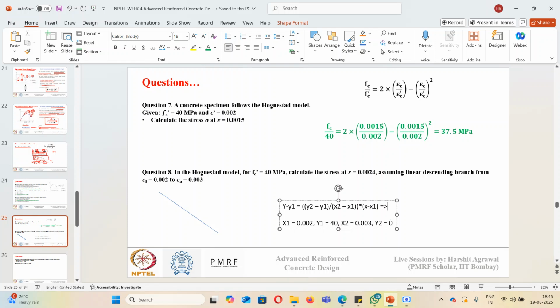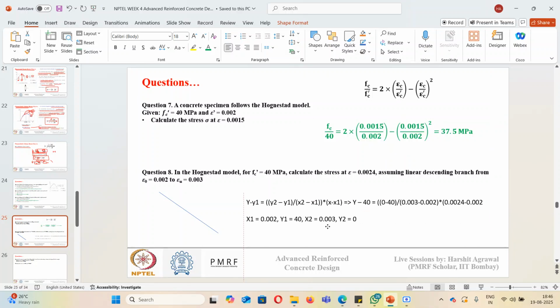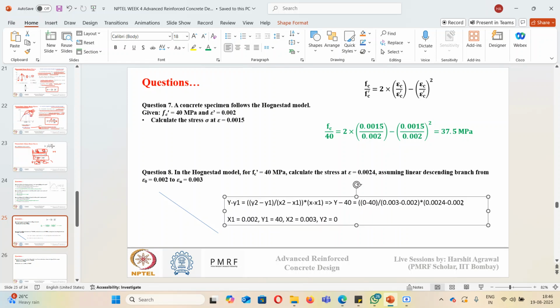What I can write is y minus y1, which is 40, is equal to (y2, 0, minus 40) upon (x2, 0.003 minus 0.002), whole into (x minus x1). x is given to us, which is 0.0024, so 0.0024 minus x1, which is 0.002. Using this equation we can calculate y. Simple straight line equation.